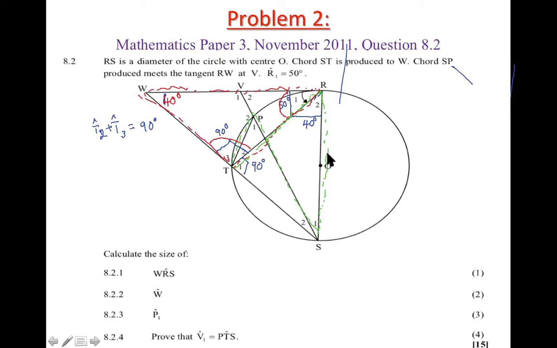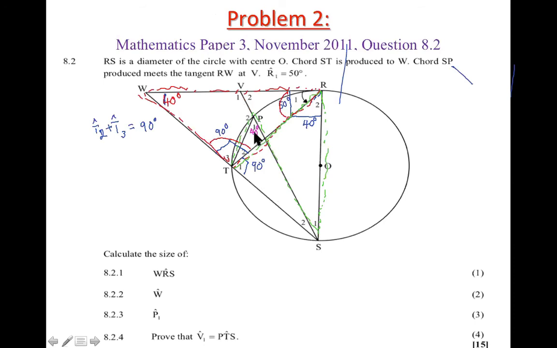Now, let's go. This angle here, P1, is equal to 40 degrees. And we know it is angles in the same segment because we can see the bow tie, or the butterfly. Then we have something fantastic here. The sum of angles on this line is 180 degrees.